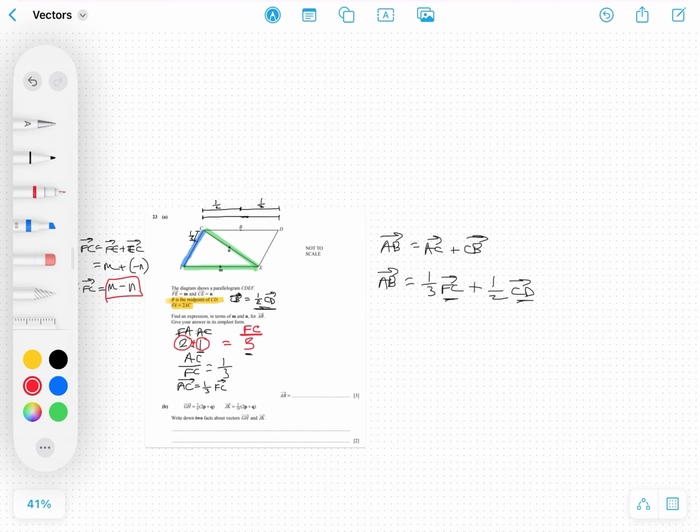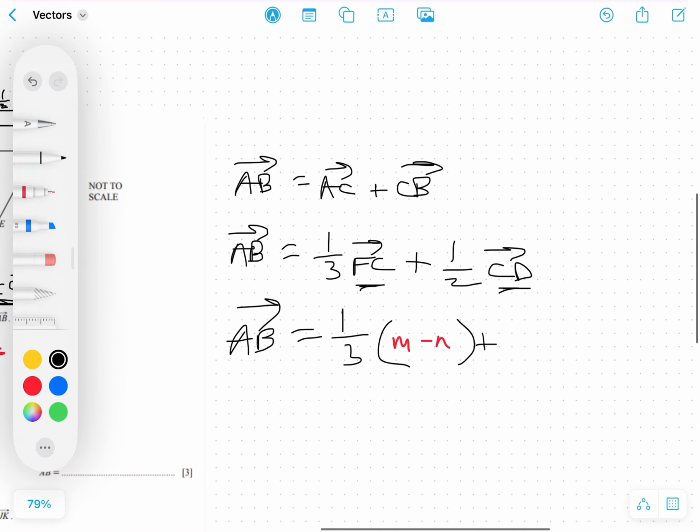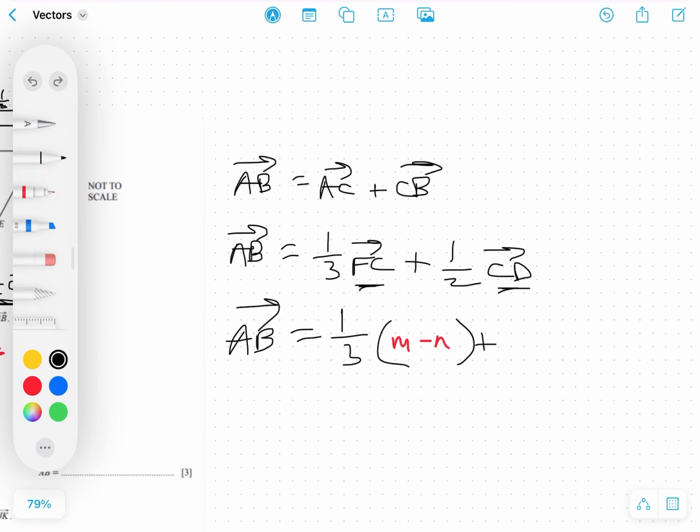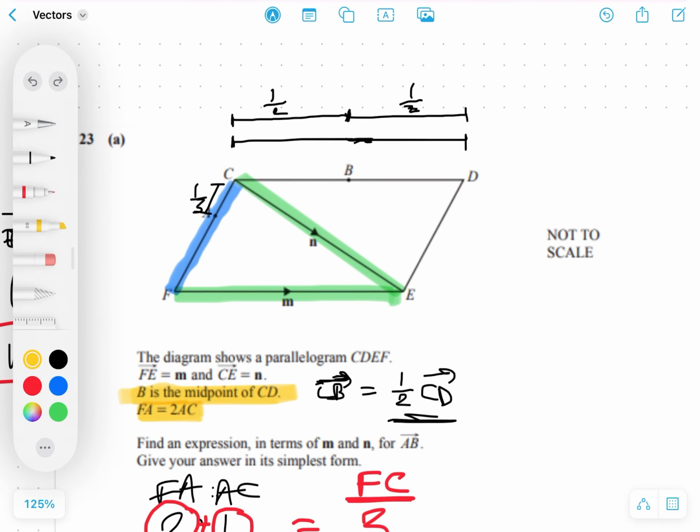So we can put that information back here, and we get that AB is equal to 1/3 of m minus n plus. Now we have to find out what CD is. Well, since this is a parallelogram, CD is parallel to FE.